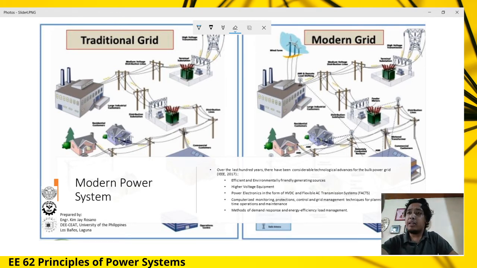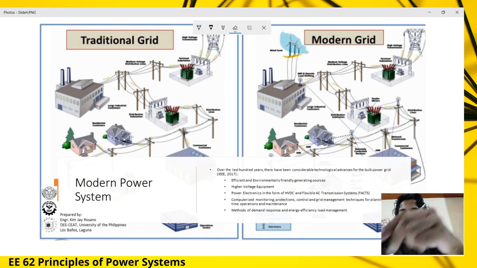Okay? Now, in the advent of AC power, Nikola Tesla, so yung AC power, it can travel longer distances, so you now have transmission. And then in the modern grid, with before kasi traditional grid, you just have distribution substation, distribution.